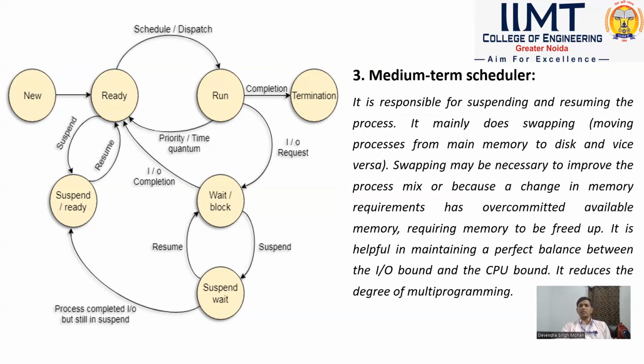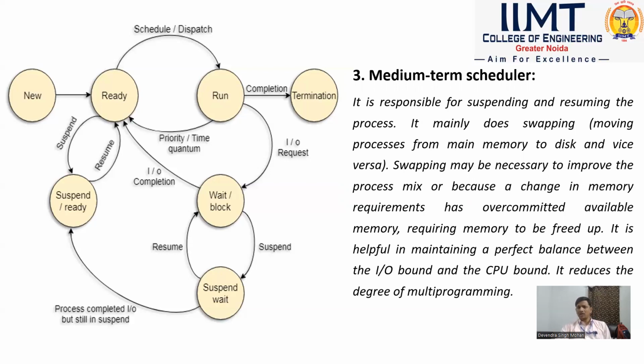Now discuss what is the medium-term scheduler. It is responsible for suspending and resuming processes. When a process is suspended, the medium-term scheduler suspends that particular process, and if any process wants to resume again, the medium-term scheduler resumes that particular process.